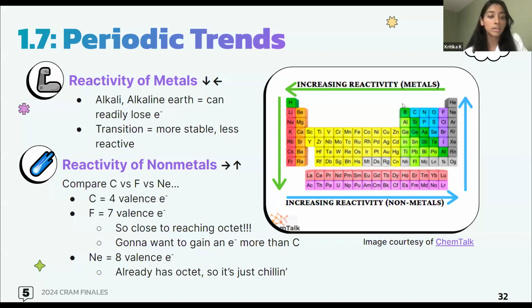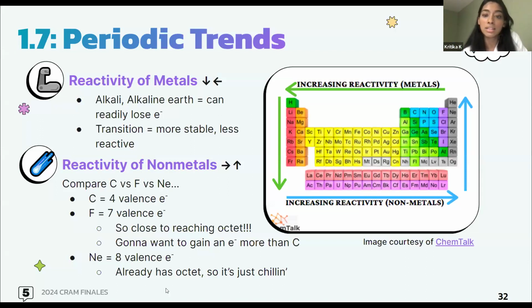So we know the octet rule. We know that 7 valence electrons is so close to 8 valence electrons. So F is going to want to get an extra electron more than carbon, because if carbon gets 1 extra electron, it's still not going to fulfill the octet. So F will really want that valence electron, so it will be really reactive. We see this with all the halogens, which is group 7.